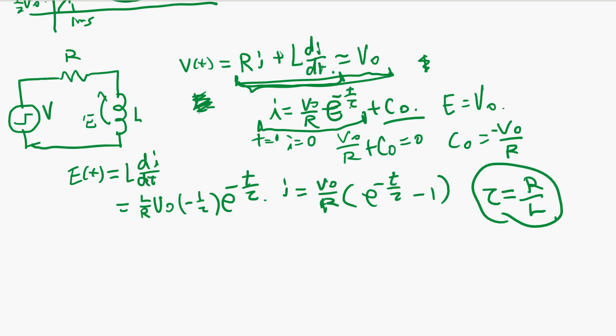Because you take a differential. So it's going to be, this tau could disappear, minus V0 e to the minus t over tau. Is that correct?